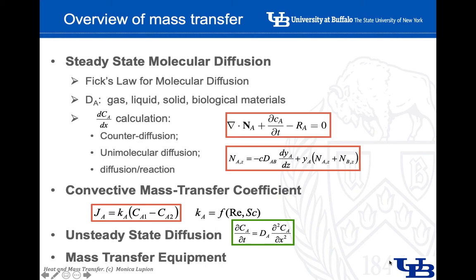And therefore, we defined a second approach, which is the utilization of charts, the Heisler charts. We defined 4 different parameters, and depending on the geometry, we can use the corresponding charts, which correlate the concentration with time. The last block is related to mass transfer equipment.